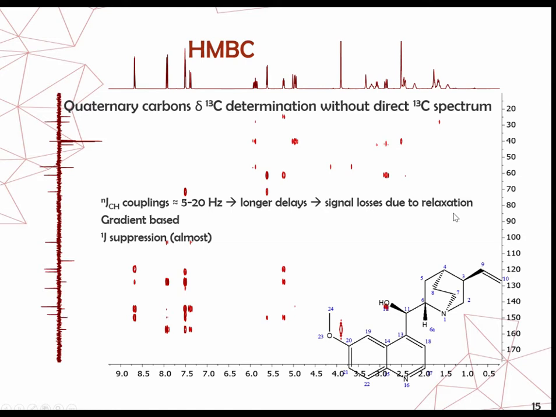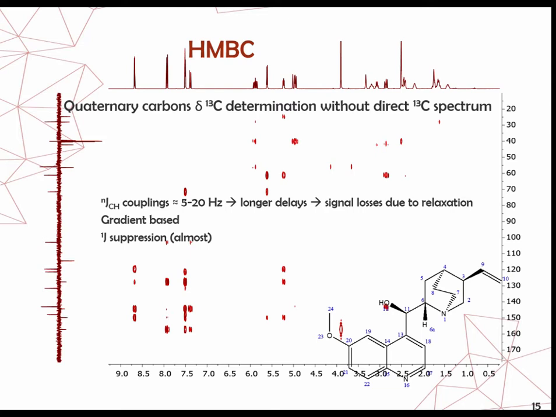So the HMBC experiment is intrinsically less sensitive than HSQC. But in the standard parameter sets on the sample changers, we already have taken this into account. So the standard datasets are okay, both HSQC and HMBC, for a standard tube, let's say about 10 milligrams of compound.